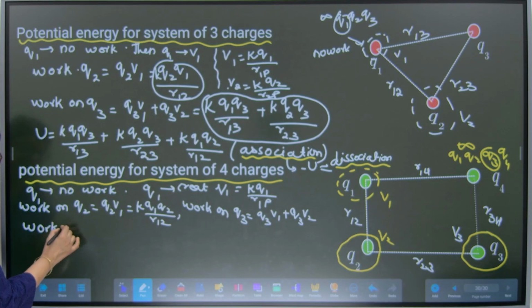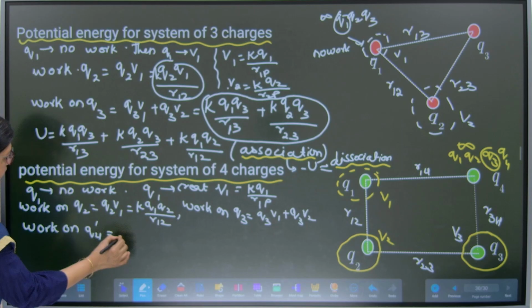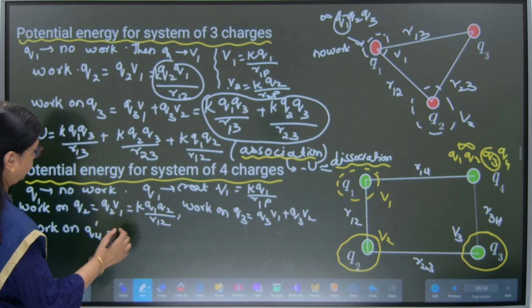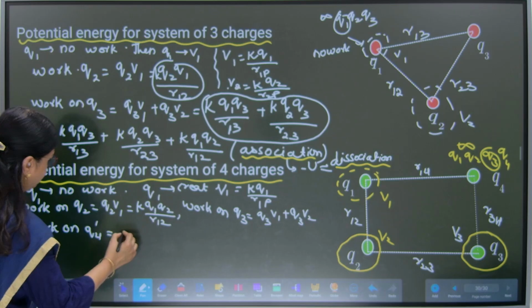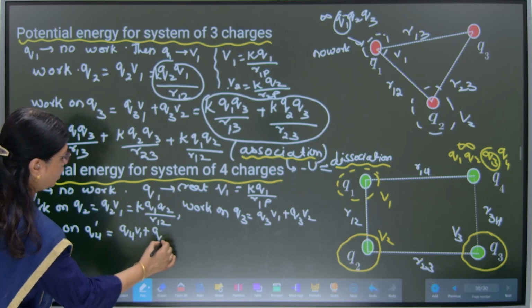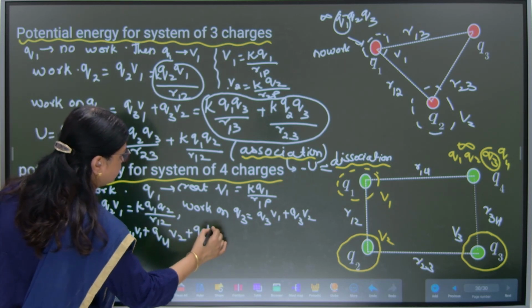Work on Q4. How much is that? Work on Q4 is Q4 times V1 plus Q4 times V2 plus Q4 times V3.